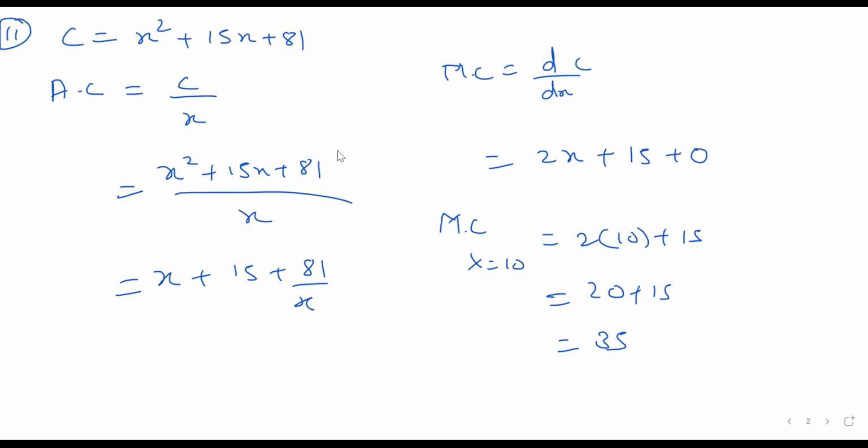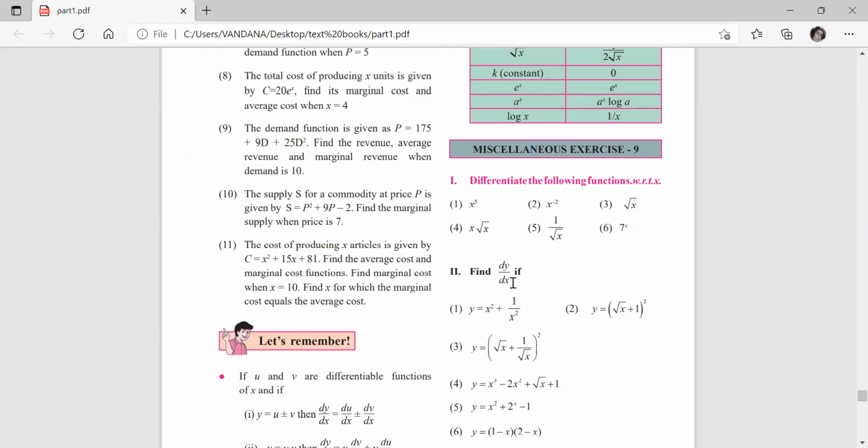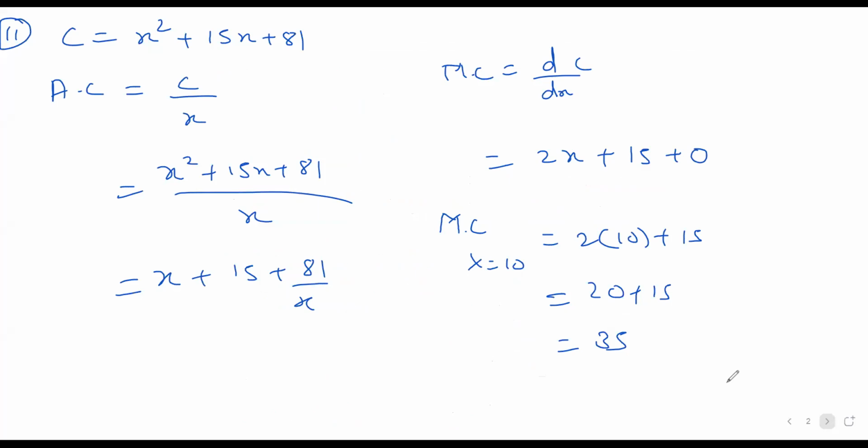And now the last question in that. Find X for which value marginal cost equals average cost. Marginal cost should equal average cost. Marginal cost is 2X plus 15. Should equal average cost.